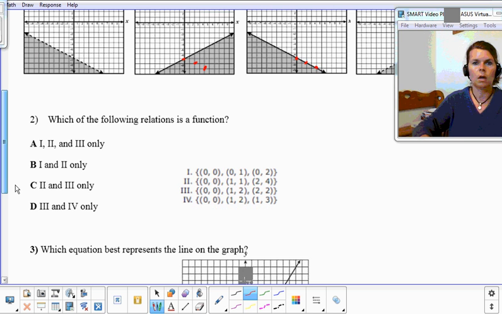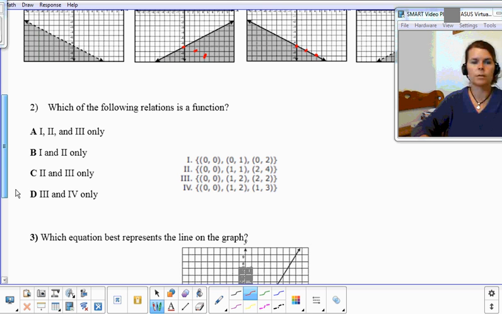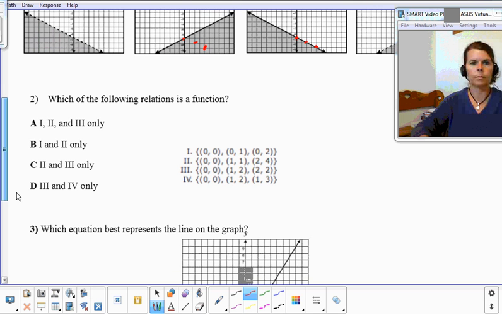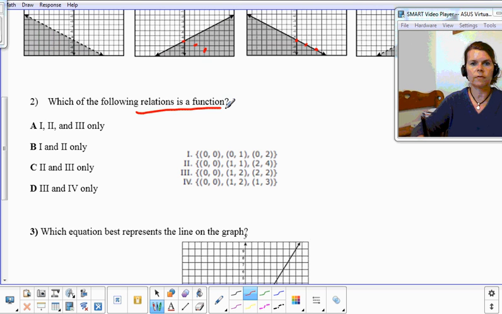Okay, number 2 was not a highly missed problem. However, there were a few people that missed it. Which of the following relations is a function? So for it to be a function, the x cannot be repeated. So this, the x's are repeated. So it's not a function.